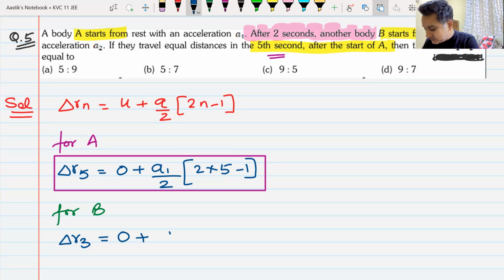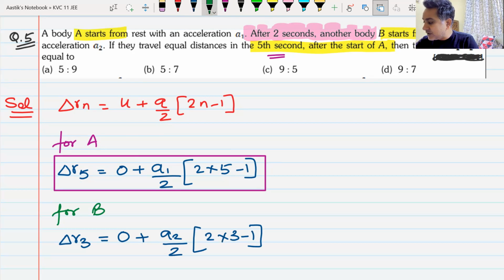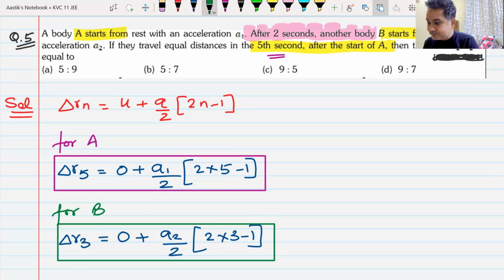0 plus acceleration A2 by 2, multiplied by 2 into 3 minus 1. This is the equation, my dear friend, that we are going to get for B. Do we understand this? Yes or no? Please raise your hand so that we understand.